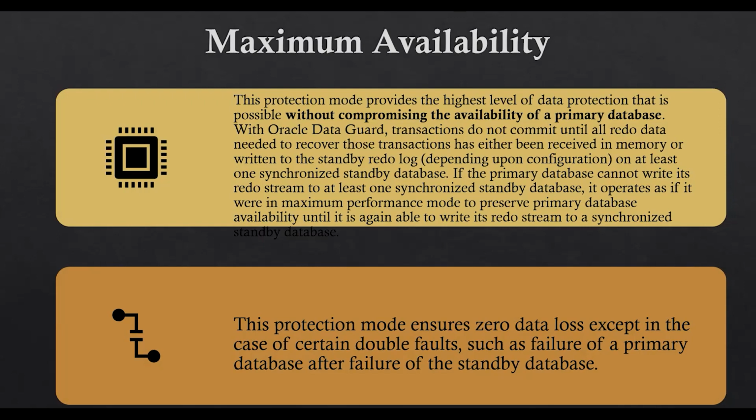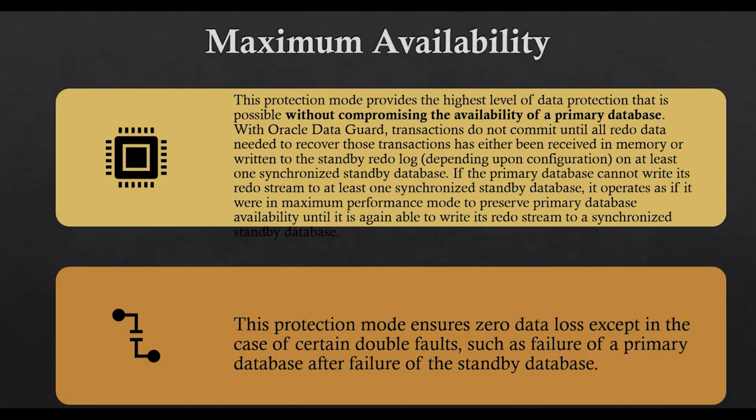The term "either received in the memory or written to the standby redo log" is important. That means your archives are getting shipped. It should be either written into the memory of the standby database or into the standby redo log files. Once that is done, you can move ahead on your primary database.